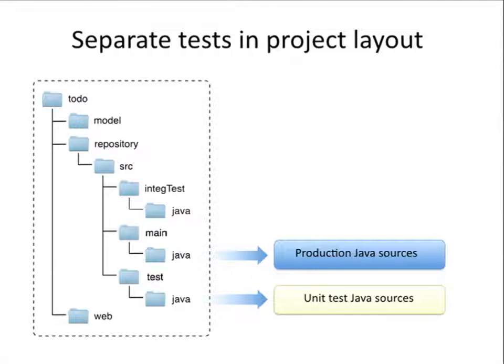So how do you actually model integration testing in Gradle? Somebody mentioned, I think in another talk, that hopefully in Gradle we will have something like a notion of a test suite built into Gradle core. That's probably something that we don't want to do, but at the moment you can model this yourself.